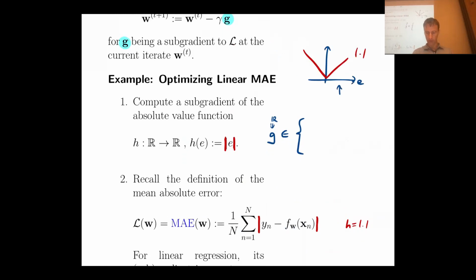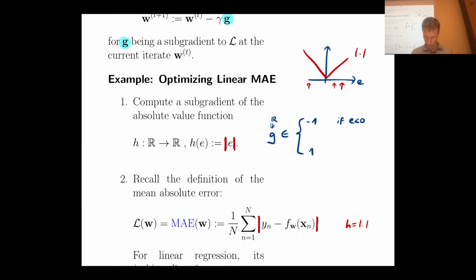So if I'm in this region, then there's nothing to do, right? Everything is nicely differentiable. So that's here and here and here, no problem. When we are on the left side of 0, we are good. When E is less than 0, then of course it's just a slope of -1. It's a very simple function, and it's differentiable everywhere strictly left of 0.